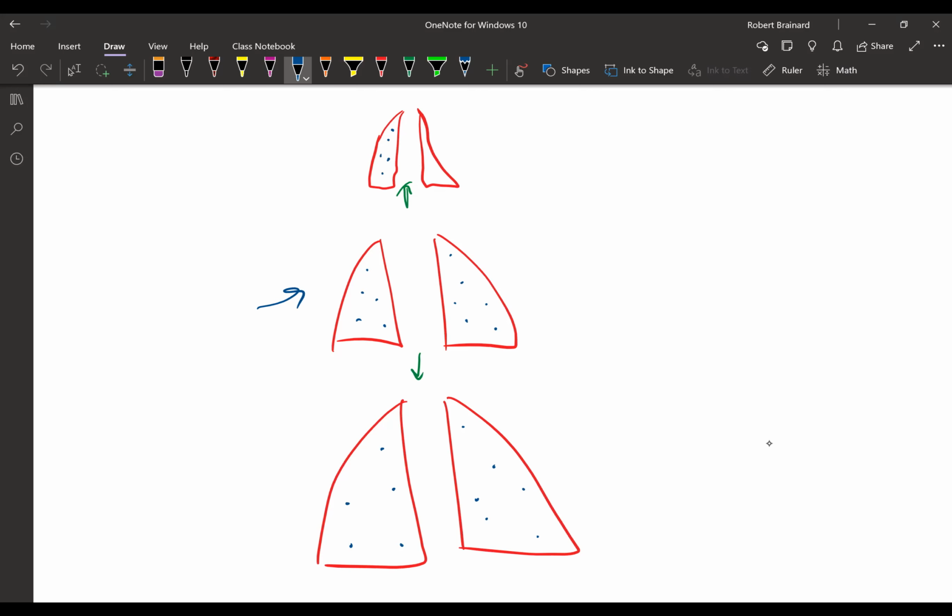Therefore, remember, water molecules want to stick together, so those collapsing forces are going to be greater, which is why it takes more pressure to inflate a deflated lung. The surface forces are greater in that deflated lung, with or without surfactant. We're looking at size right now, simply because the water molecules are closer together and therefore holding more strongly to one another. Does that make sense?